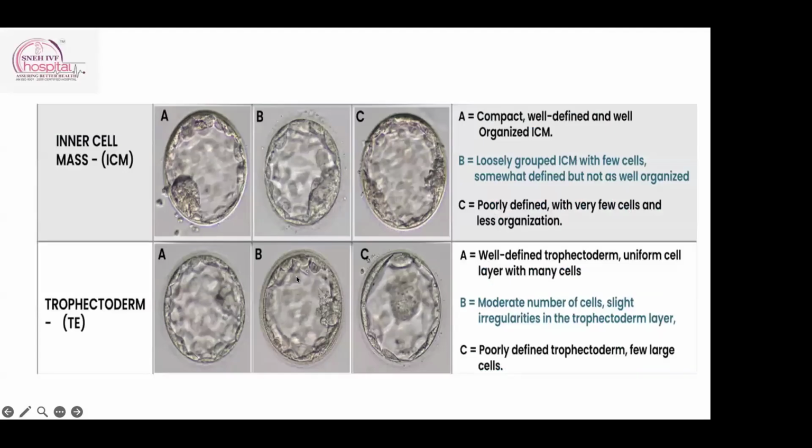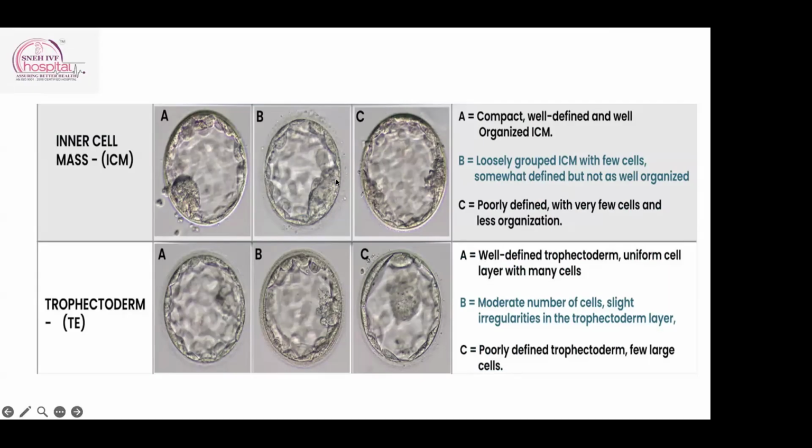Now coming towards the inner cell mass. Inner cell mass and trophectoderm are both categorized as A, B and C. In the inner cell mass, A is compacted, well-defined and well-organized ICM cells. You can see that this ICM is very well-defined and very compacted, and you can clearly make out that this is an A grade ICM.